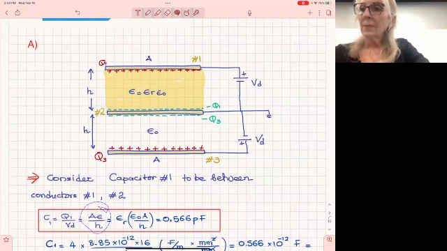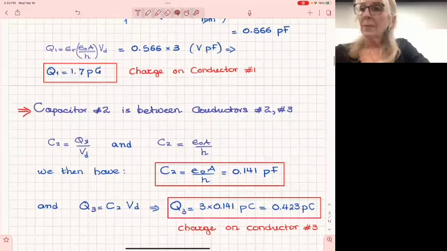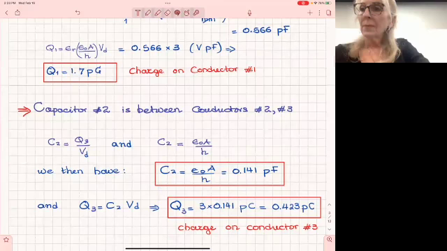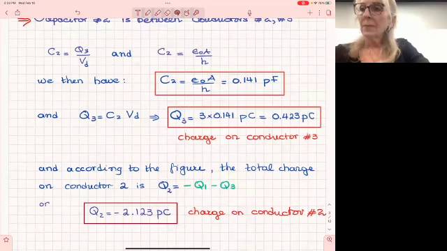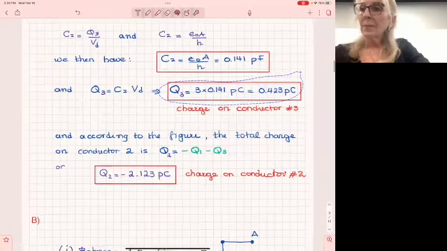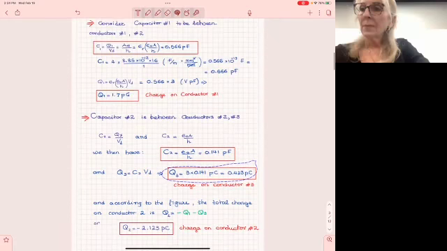And then in between, the conductor in between has the sum of these two negative ones. All right, so we found the three charges: Q1, 1.7 picocoulombs, Q2 to be the sum of the two negatives, and Q3 to be another positive. All right, so at this moment, we have found the charges.